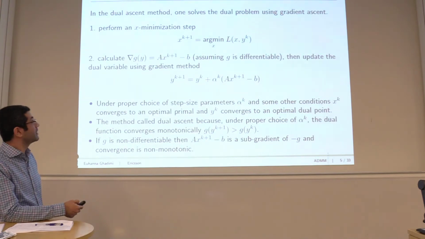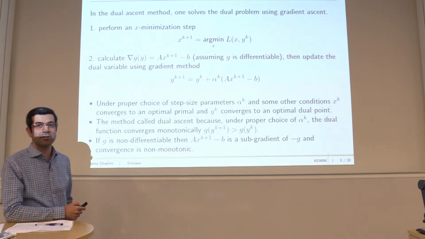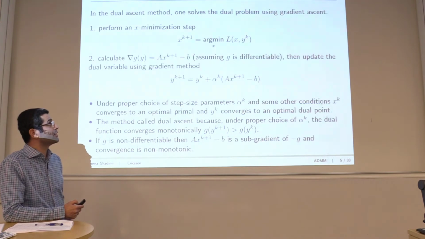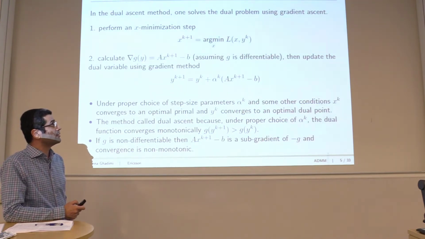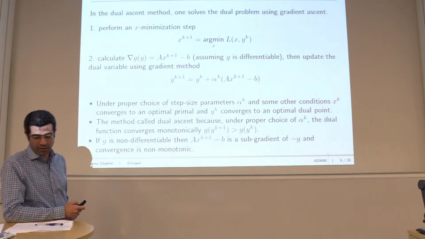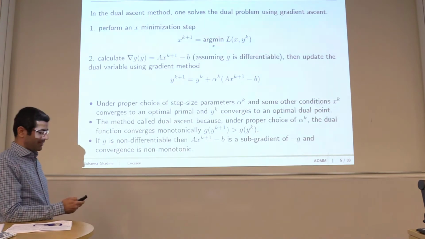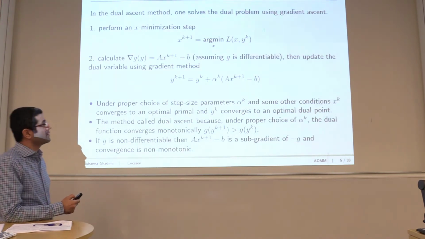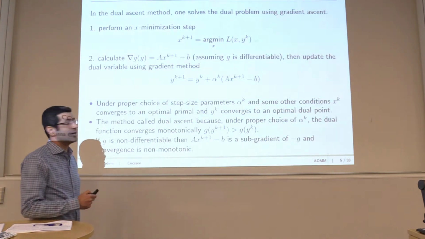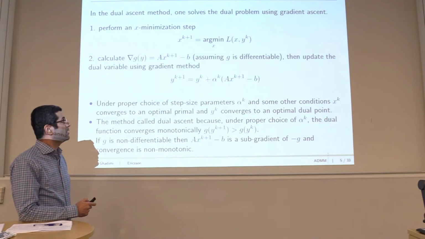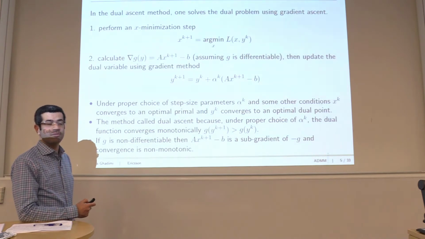Here is the first technique, a very rudimentary and very old technique applied to this duality, the Lagrangian method, and it's called dual ascent. I'm jumping to the next slides. In the dual ascent case, you do exactly the same procedure that I described, except that you specify how to do the maximization step for the dual. And that's done with a gradient step.